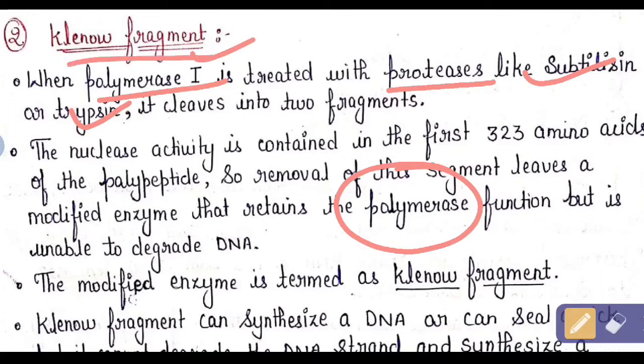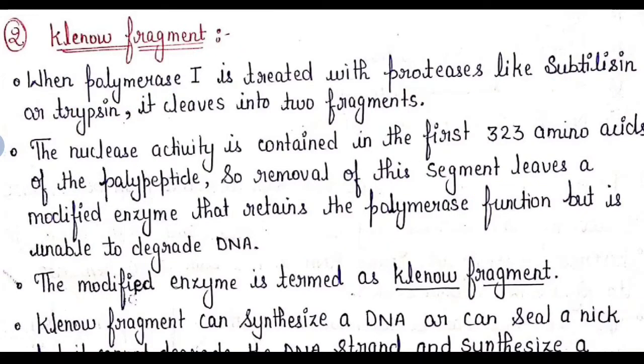So this Klenow fragment is a modified DNA polymerase 1 which only has the 5' to 3' polymerase activity and the 3' to 5' exonuclease activity, but it does not have the 5' to 3' exonuclease activity. So it can only synthesize DNA, but it cannot degrade the existing DNA, we can say, right?